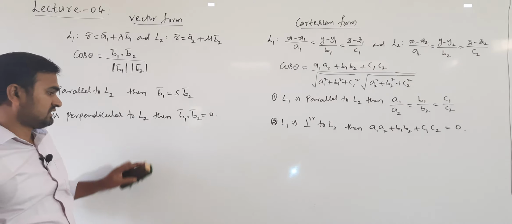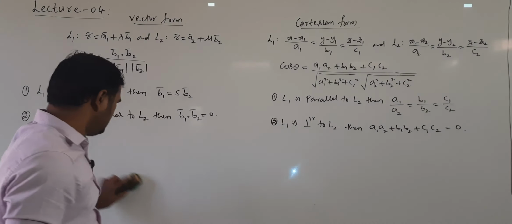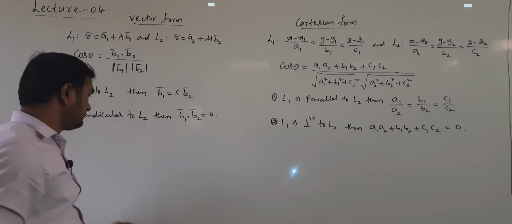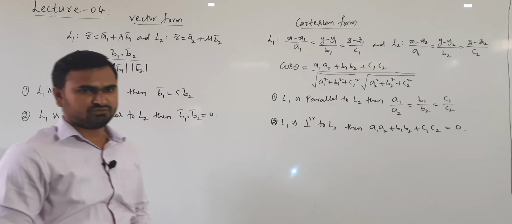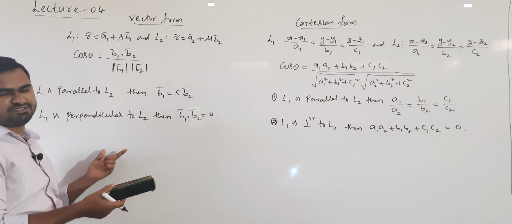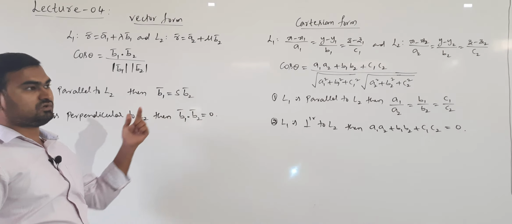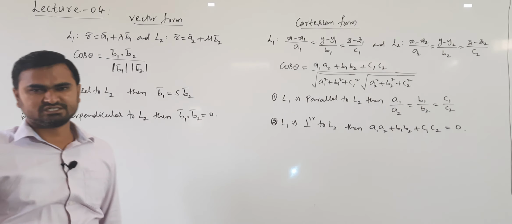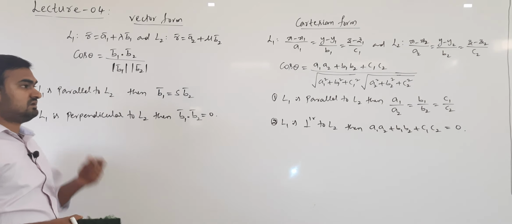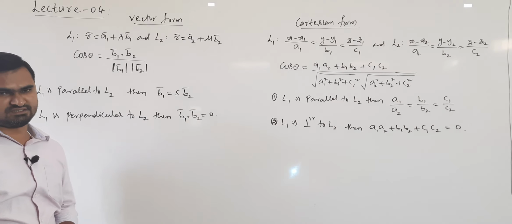Understand? So these are the two special cases we are taking where the lines are parallel or perpendicular. In any form the problem is given, maybe vector form or Cartesian form, we have to remember these conditions. Understand? So this is about angle between two lines.